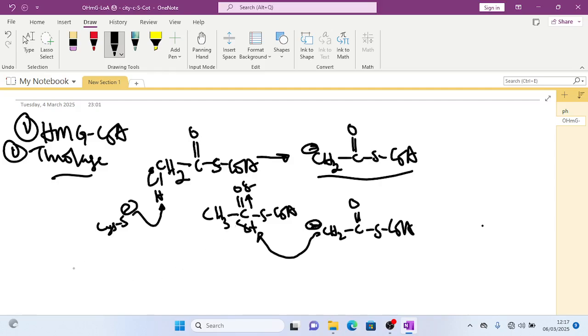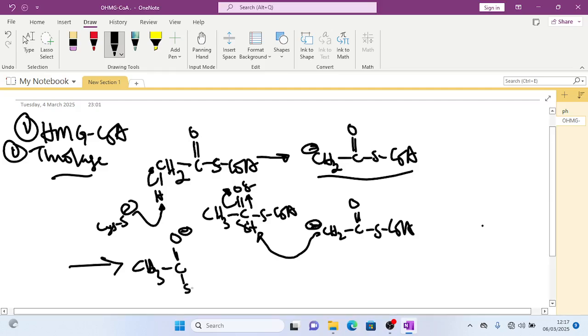So this is like a Claisen condensation reaction. So we have CH3 like this. Now if this bond attacks this carbon, the bond is going to migrate to the top, and we get something like this.